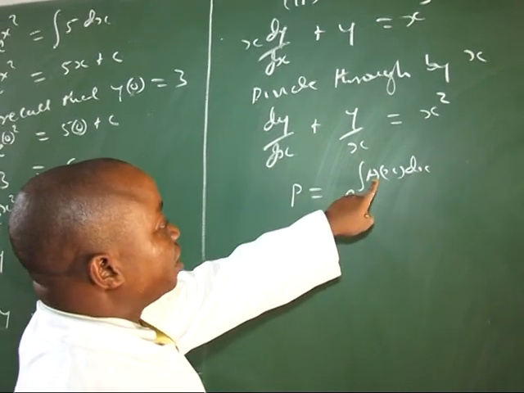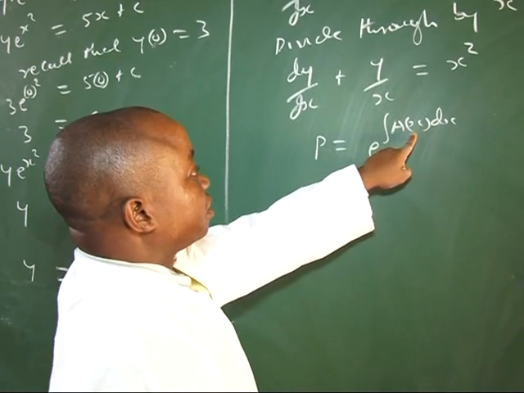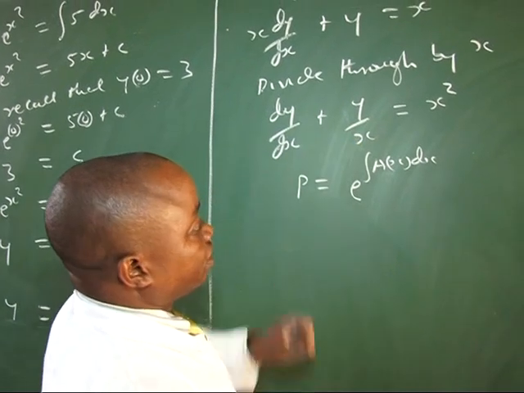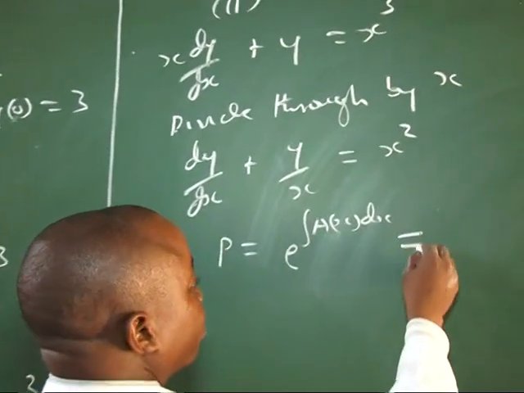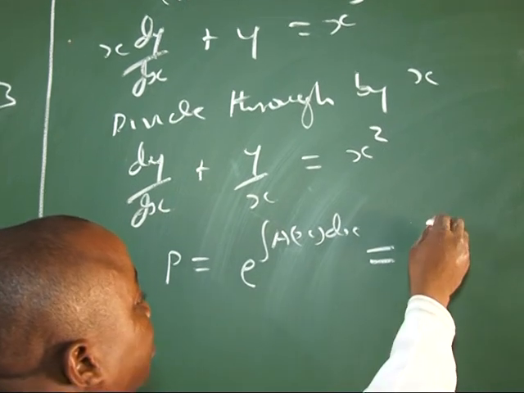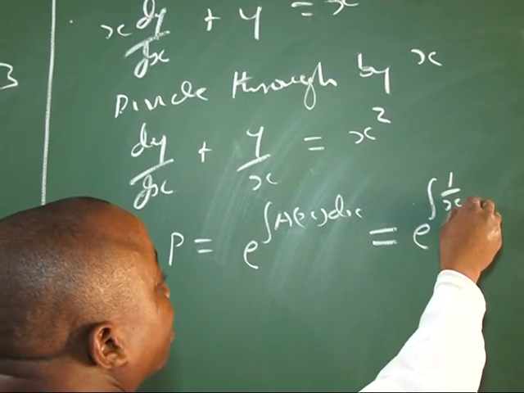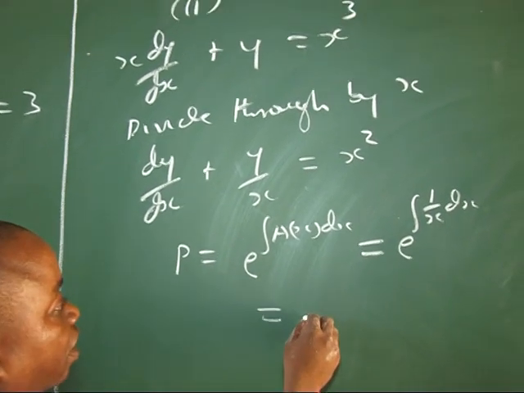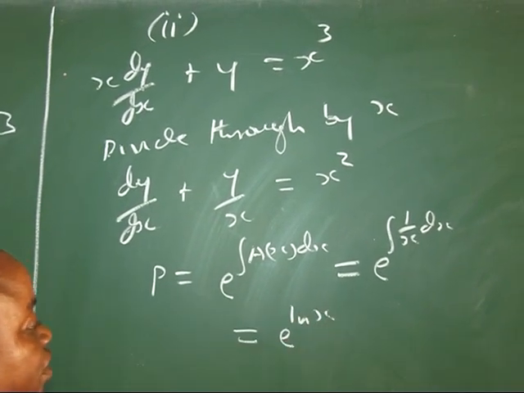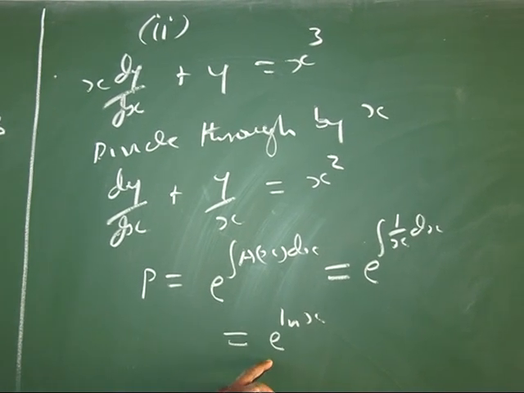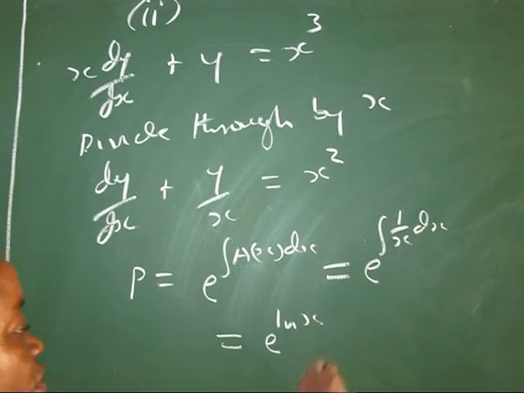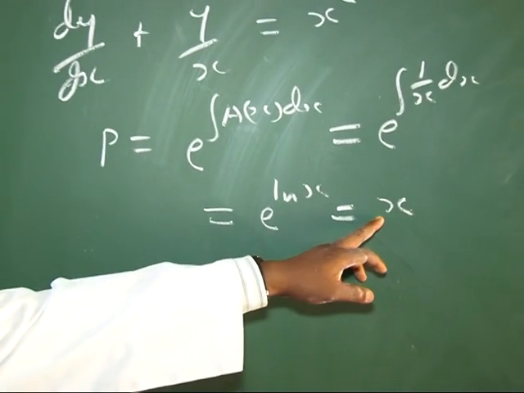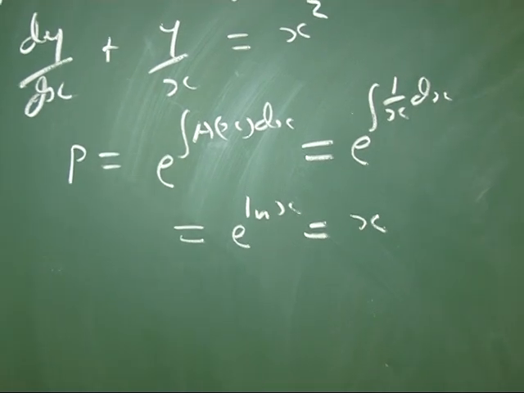We have to know that this function a of x in this particular equation is 1 over x. So the integrating factor becomes exponential integral 1 over x dx, which is the same as exponential ln x. And so exponential ln of x will be equal to x. That is the integrating factor, x.